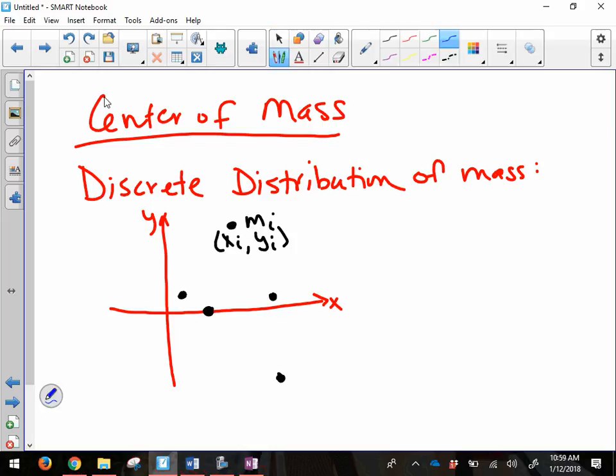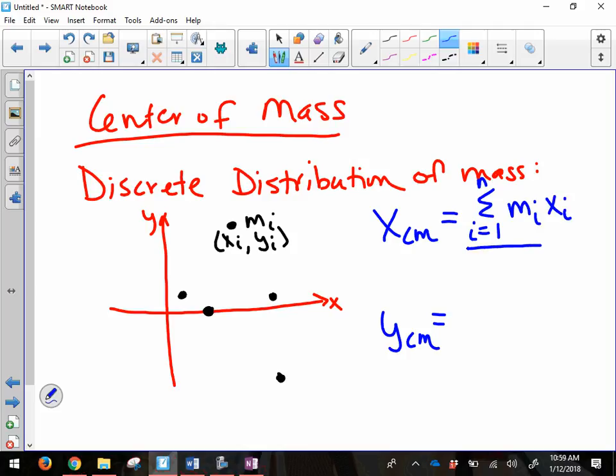And then we had expressions for how we were going to write the x center of mass and the y center of mass. And remember, this is how we started talking about summation symbols, because it was the summation from i equals 1 to n of the mass of each object times its x coordinate divided by the total mass.